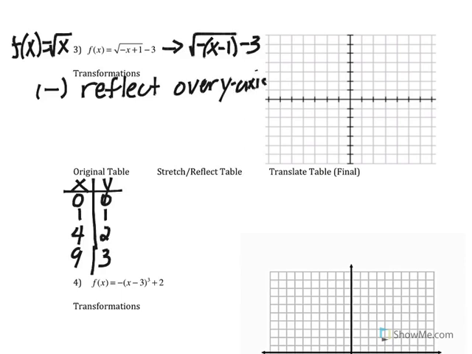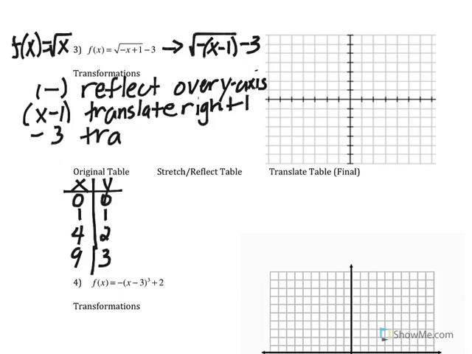You're going to multiply the x values by a -1. The x minus 1 is going to be a translate right 1. And the -3 is going to be a translate down 3.